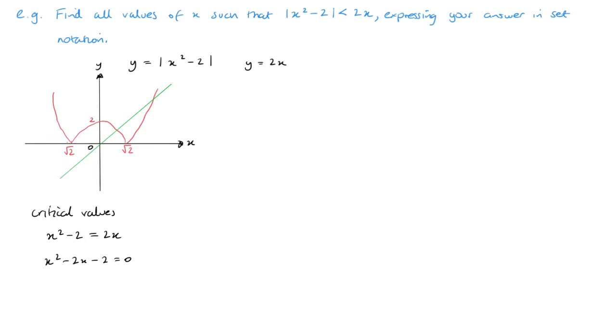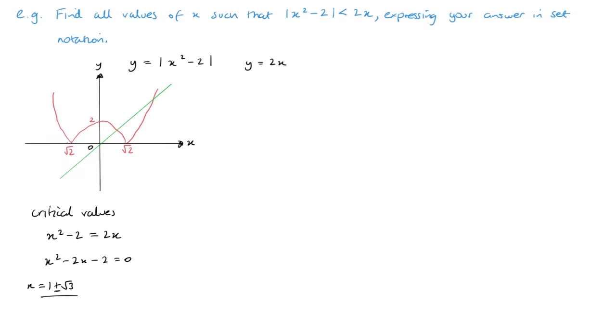Then, using the quadratic formula, we get that x equals 1 plus root 3 or 1 minus root 3. I can just write that as 1 plus or minus root 3. So I've got that, but that isn't telling the full story, is it?